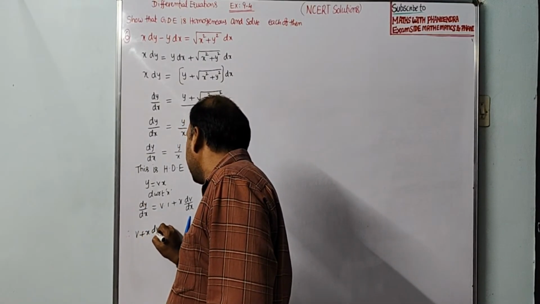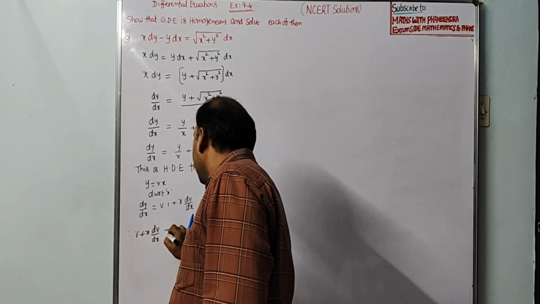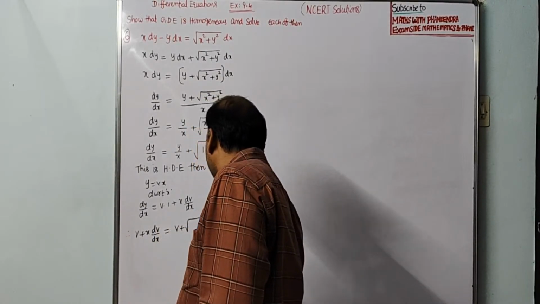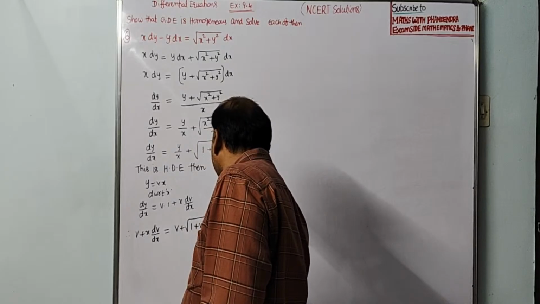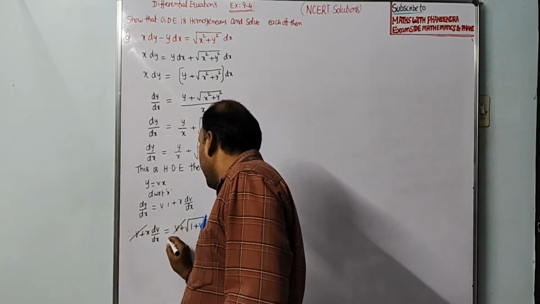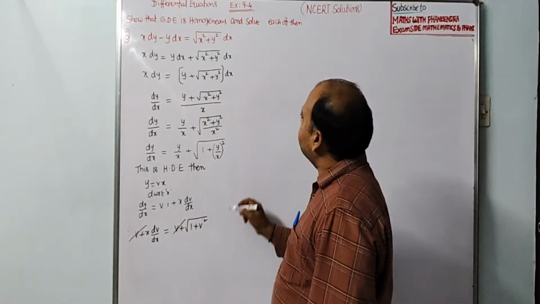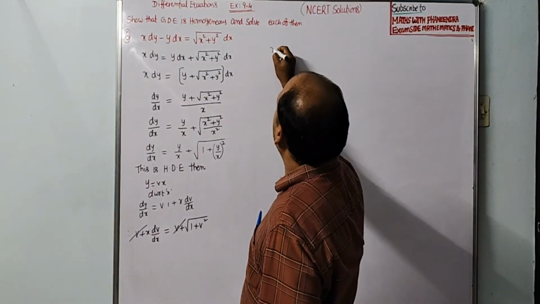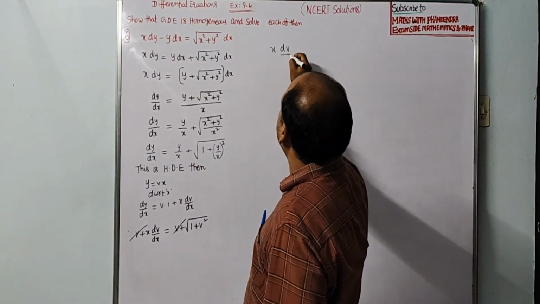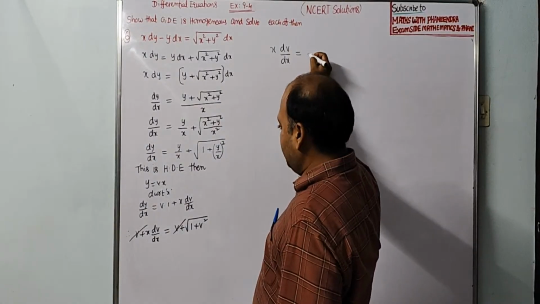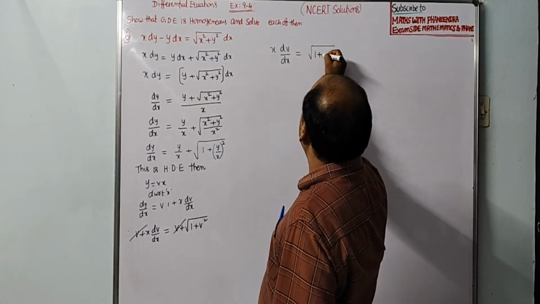So v plus x dv by dx is equal to v plus root of 1 plus v square. Here the v terms cancel. Then x into dv by dx is equal to root of 1 plus v square.